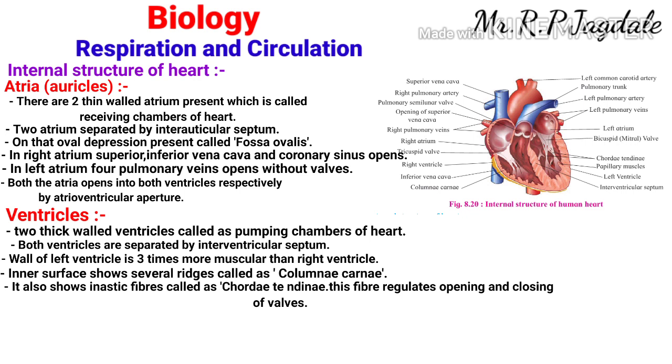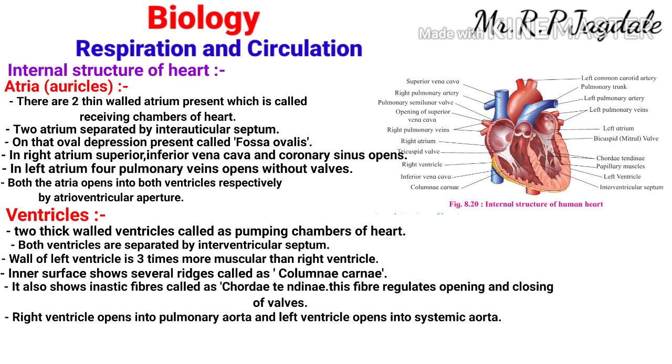Then the right ventricle opens into the pulmonary aorta and the left ventricle opens into the aorta. Remember, students, that the right ventricle opens into the pulmonary aorta and from the pulmonary aorta blood passes to the lungs.